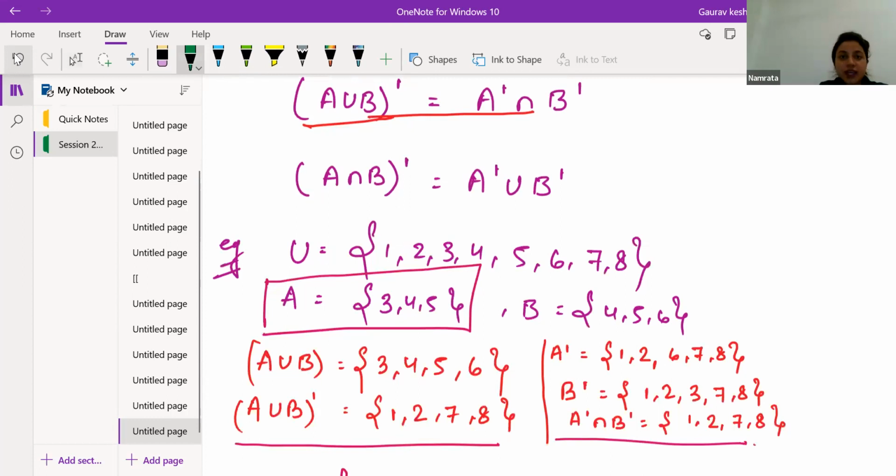Complement of A intersection complement of B. Can you see this one, the rounded one? This is what we have to find, Lina, right? Yes. And union between both of them.